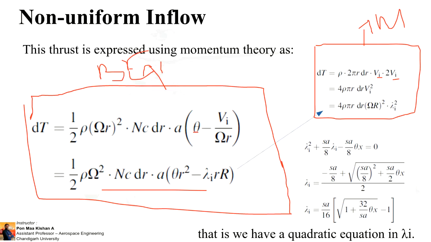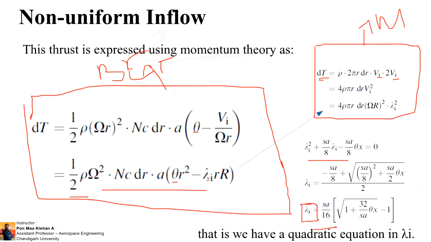In momentum theory, the thrust is calculated with velocity and pressure factors. Here we have calculated with the variation of angles and the inflow induced velocity. So we are equating both equations, thrust calculated from momentum theory and thrust calculated using blade element theory. From there we get a quadratic equation that is used to identify the induced flow for hovering.